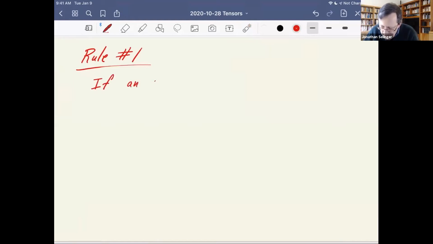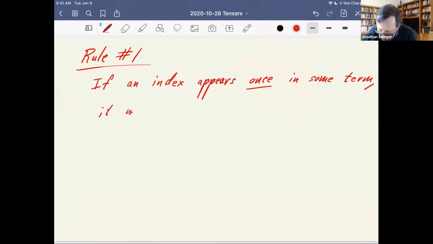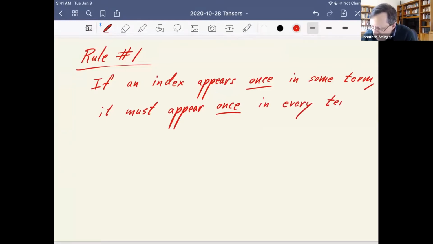Okay, rule number 1 is: if an index appears once in some term, it must appear once in every term on both sides of an equation.